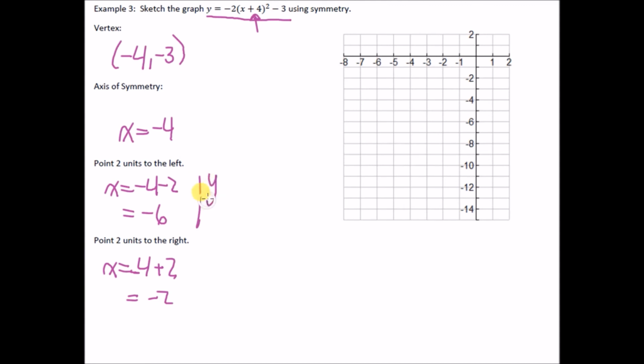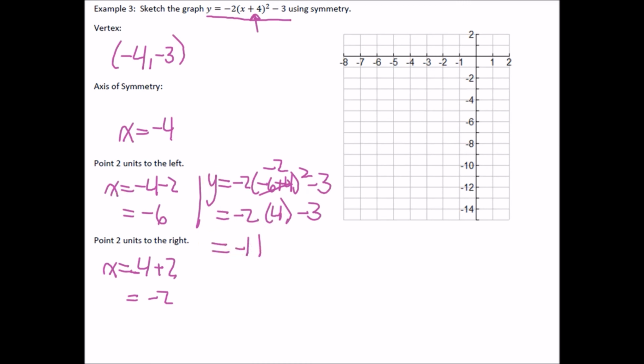Now if we were to plug in -6, y equals (-6 plus 4) squared minus 3. -6 plus 4 is -2, squared is 4. Minus 3... 4 minus 3 is 1, times -2 is -2, minus 9 is -11.